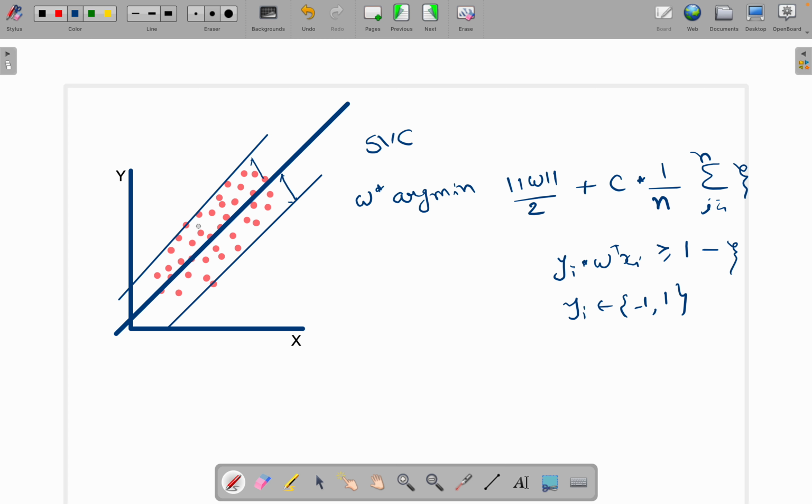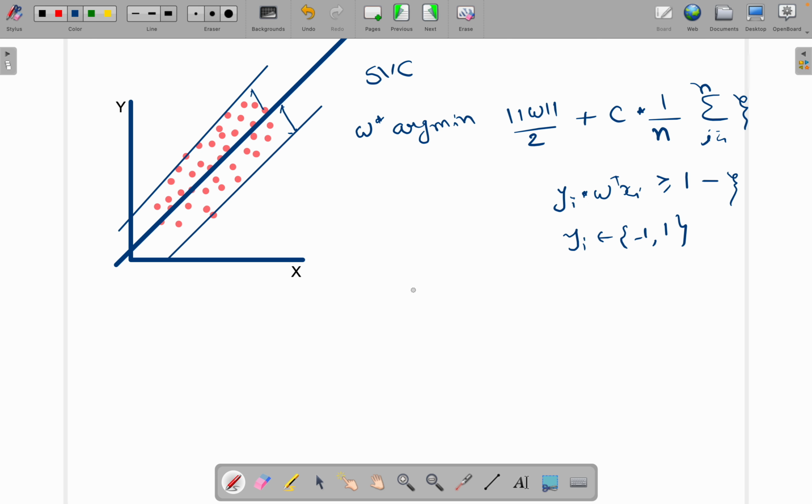So now let's see, in the regression setting I want to predict a value. We are not classifying here, right? So let me write the equation first and I will explain what we are doing in SVR, support vector regression. So in regression we will find the optimal W which will minimize norm of W divided by 2. Basically we are maximizing this margin, right?